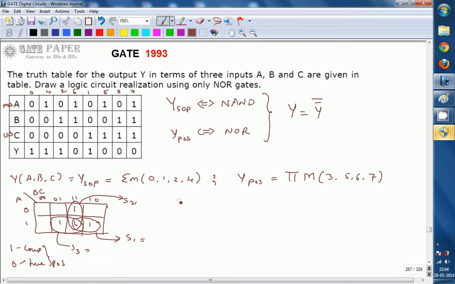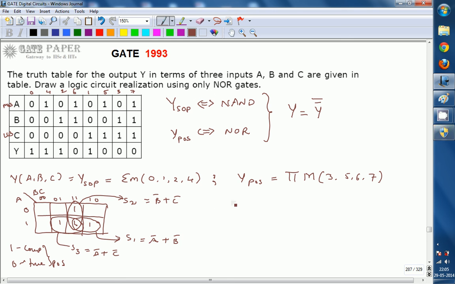So S1 can be written as a bar plus, and for this one 1 1 1 0, so 1 is common, that is b is equal to 1 is common, so you are writing it as b bar. Next S2 similarly 1 1, that is nothing but b bar plus c bar, and S3 is nothing but a bar plus c bar.